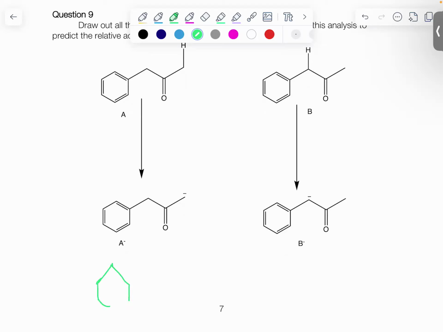My drawing is really sloppy. That's okay. I think mine worked out.